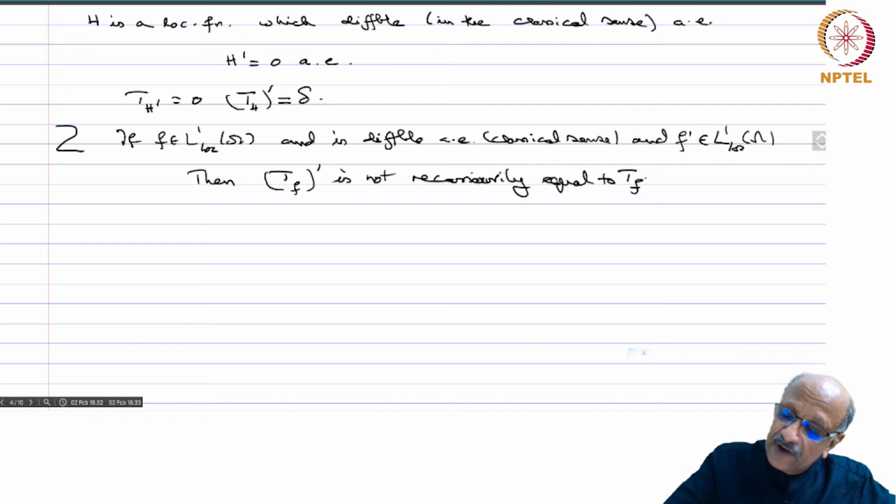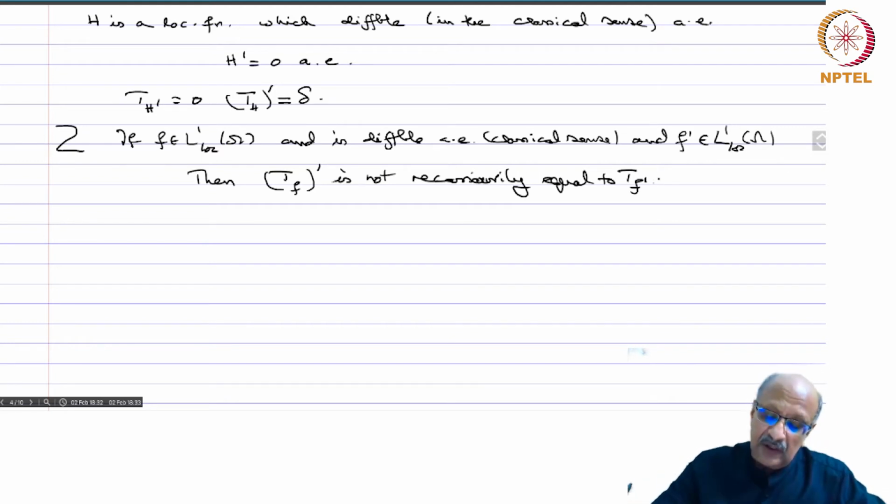So earlier we said that we will not write T_f etc. We will say f is a distribution. Then when I say f dash, I have to be careful whether I am talking about the classical derivative or the distribution derivative. Now this is a bit disturbing initially because if these two objects are not the same, we are wondering what we are getting into.